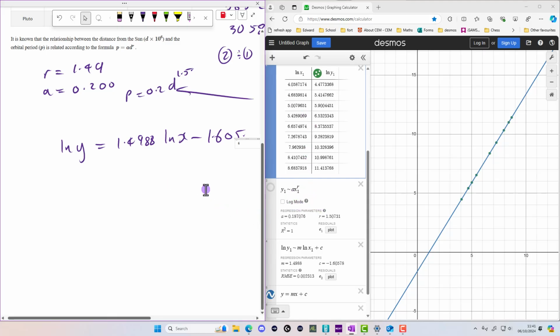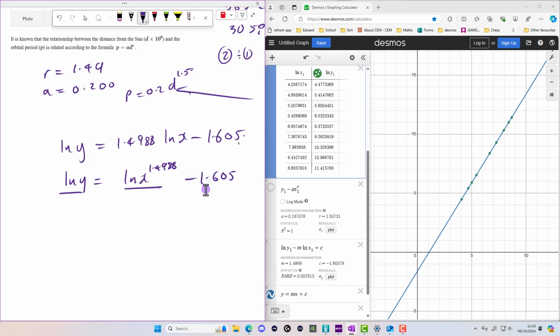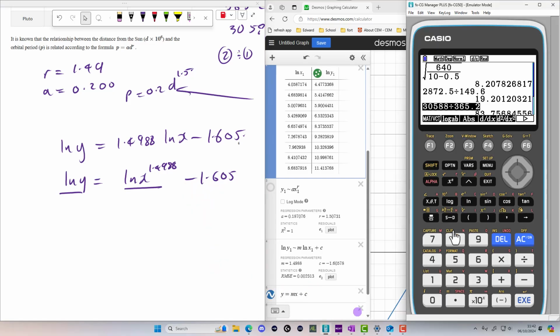Then what I've got to realize is that I've got natural log of y equals 1.4988 times natural log of x minus 1.605. What I'm trying to do is get the natural log of this side equal to the natural log of that side. So I want to find the natural log of what number will equal minus 1.605. If I now do e to the minus 1.605, I get 0.200.